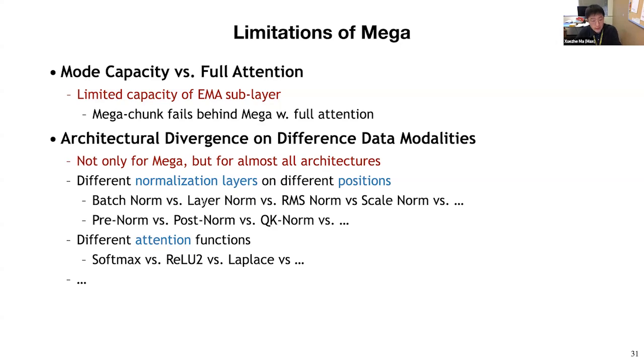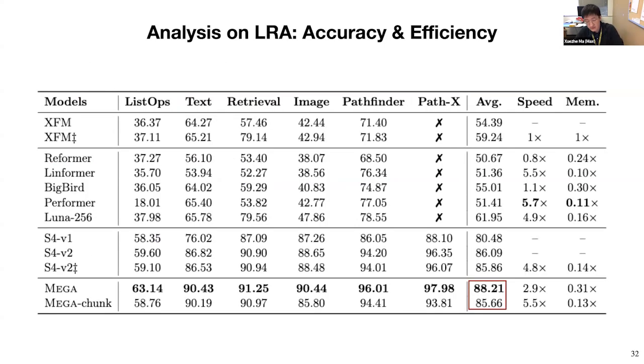Even though in this figure we call this model Transformer on different tasks, and we call this model S4 on different tasks, actually these models are not the same architecture, because for different tasks there are still some architectural differences.